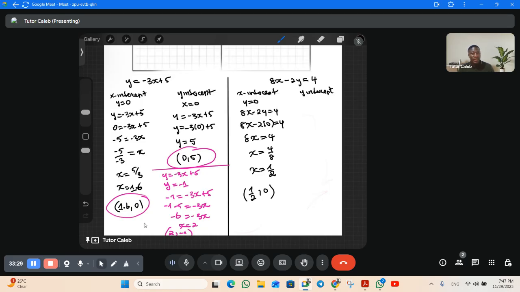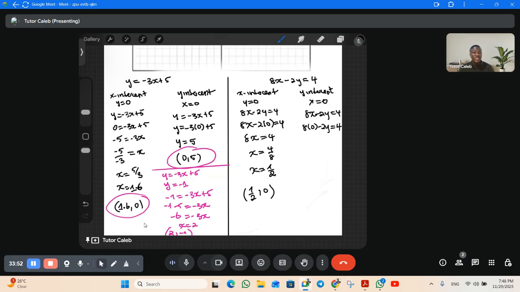Now, for the y-intercept, we know x should be 0. So in the equation 8x minus 2y equals 4, we replace x with 0. We have 8 times 0 minus 2y equals 4. Now, 8 times 0 gives you 0, so you're left with negative 2y equals 4.